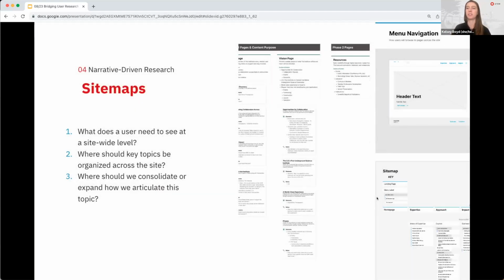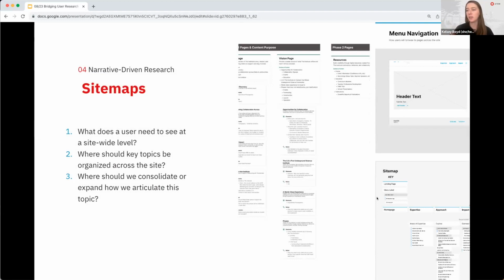So for a narrative-driven site, there are often fewer pages with more in-depth information and a need to break down the content within them. For this reason, we typically utilize a more content-driven sitemap to articulate what topics will be covered within key landing pages and how those will relate to the site menus.